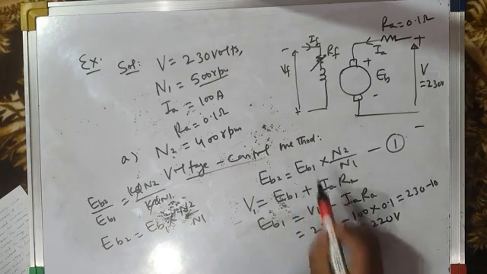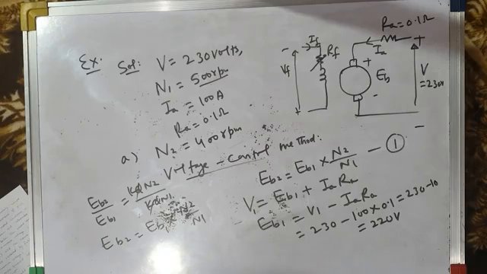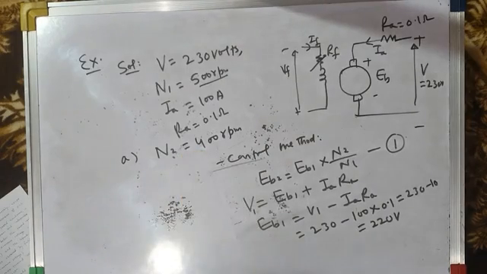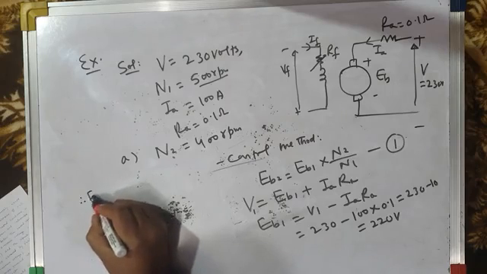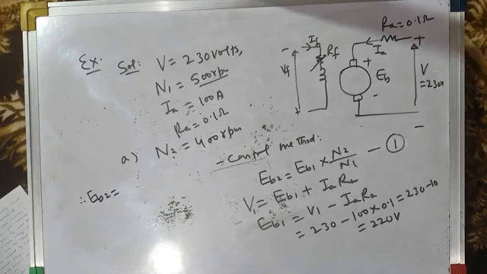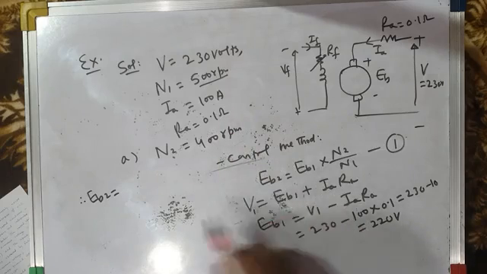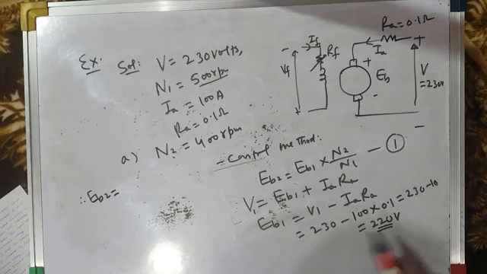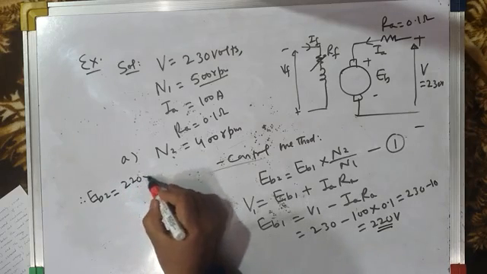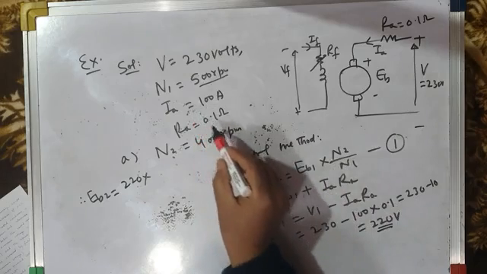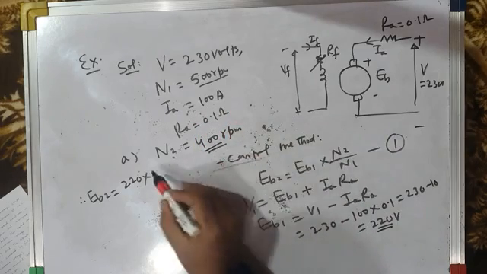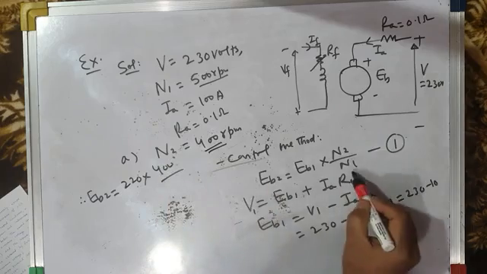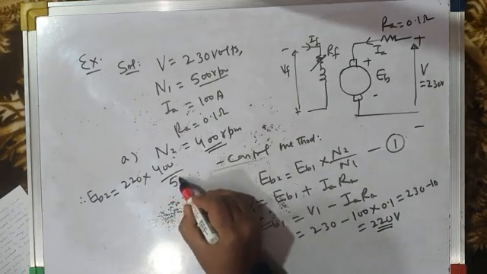So substituting EB1 here, EB2, the new back EMF at the reduced speed of 400 RPM, will be the back EMF at 500 RPM, which we found to be 220 volts, into N2, the new reduced speed, 400, divided by N1, the original speed, 500.